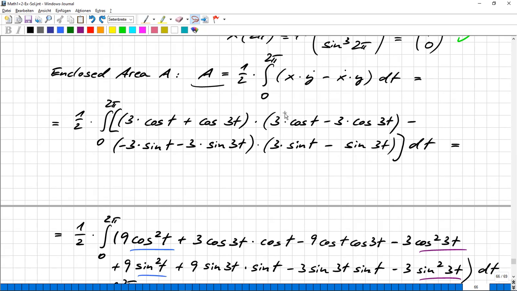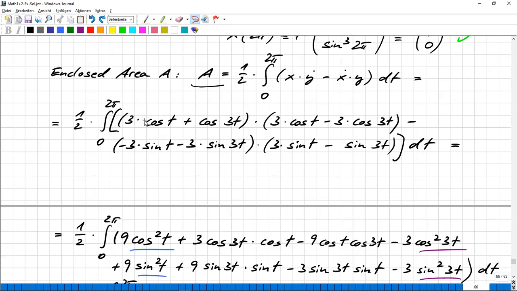Now you might use your scheme. This time I use the following scheme. I move on to the second contribution here, but stay with the first here. So now I multiply this one with this one and get, always pulling constant factors to the left, 3 times cosine of 3t times cosine of t. That's this one. So this was first times first, then second times first.